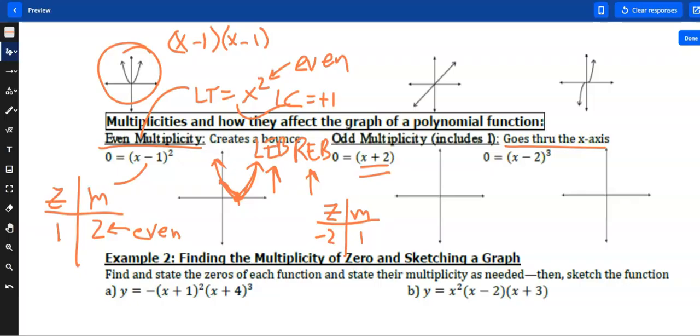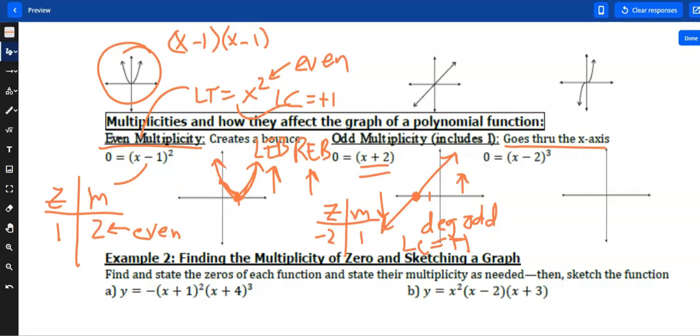So at -2, with a slope of 1, this goes up to the right, down to the left. Remember, the leading coefficient, the LC, is a positive 1, so the right-hand behavior is up. And the degree is an odd degree of 1, so the left-hand behavior is down, which makes sense. It looks just like the picture up above.